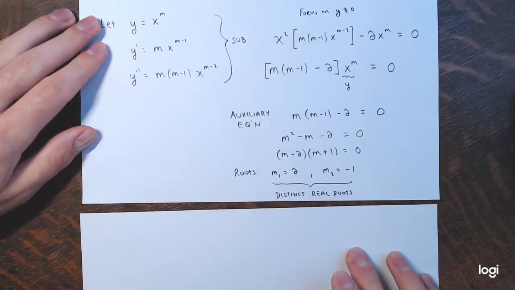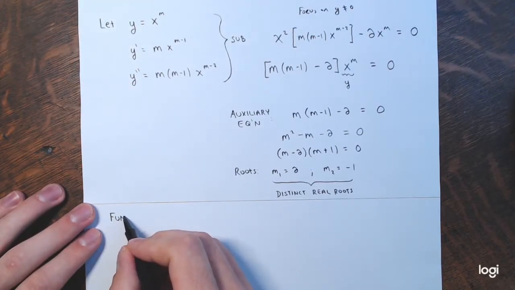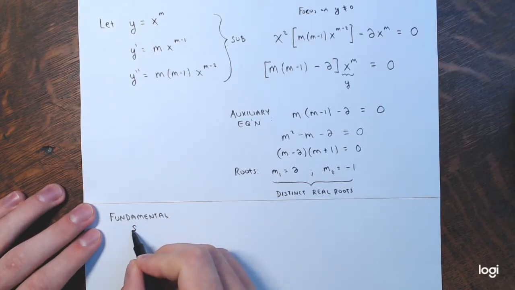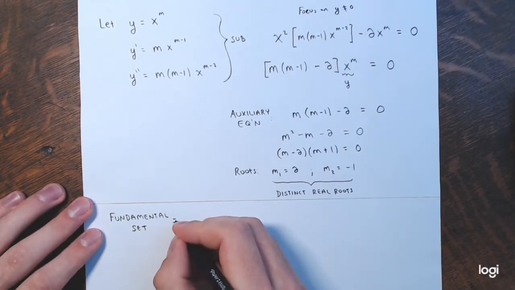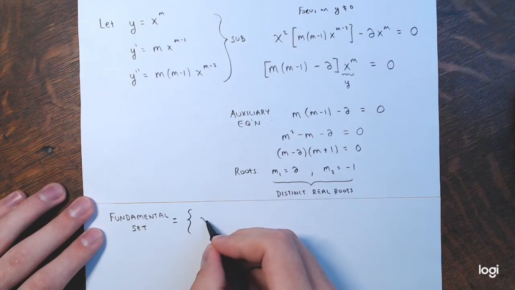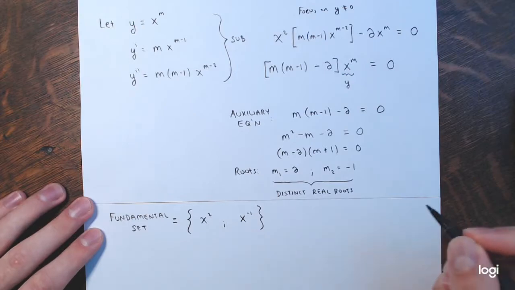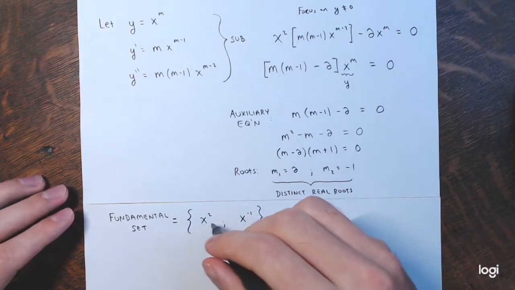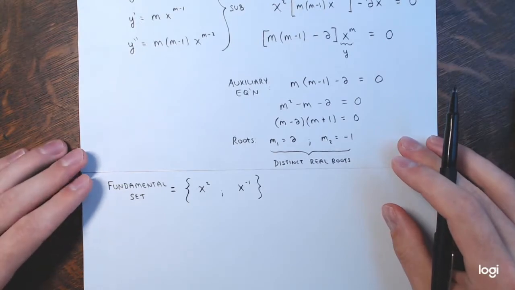So what I like doing, and you've seen me do this in previous videos, is putting down the fundamental set of solutions, which is just a list of the basic linearly independent solutions to the second order equation. It is a second order equation, so I should be finding 2 independent solutions, and they're here: x squared and x to the negative first. And you can use the Wronskian to verify that these two functions are linearly independent for x not 0.